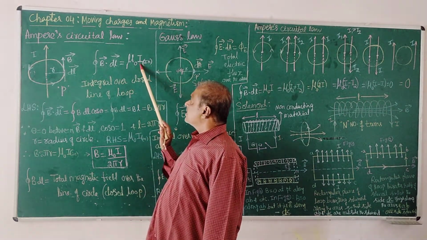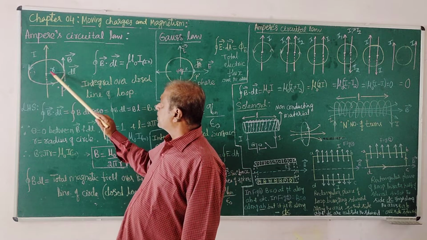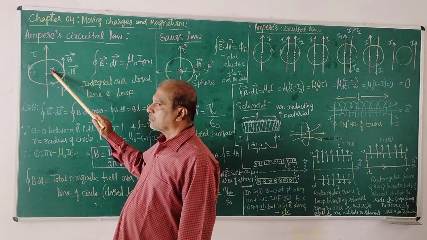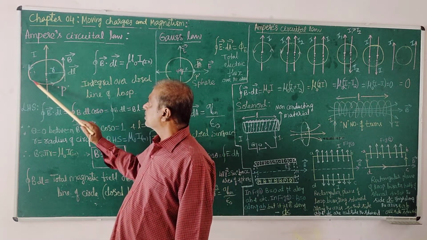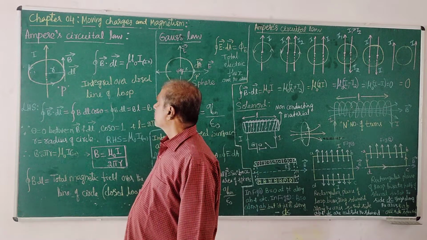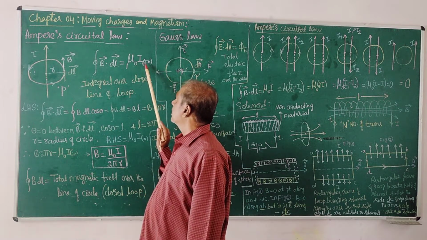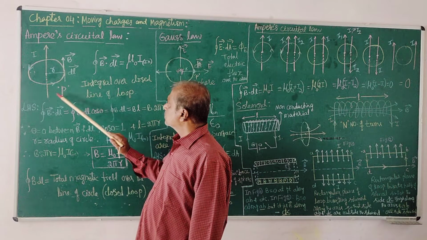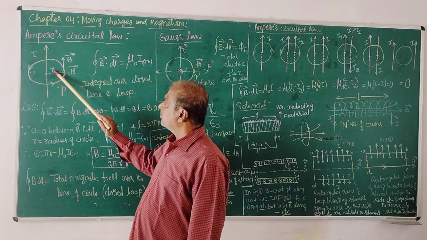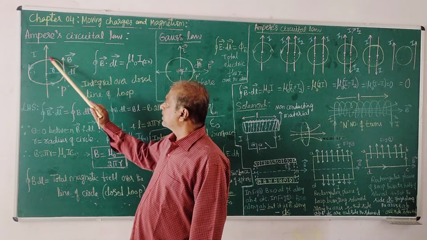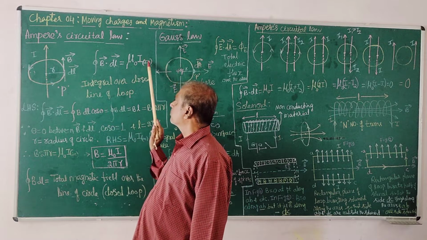That is, I is the current passing through the plane enclosed by the line of the loop. That is the meaning of I. I enclosed means through the plane, which is always enclosed by the loop of line.